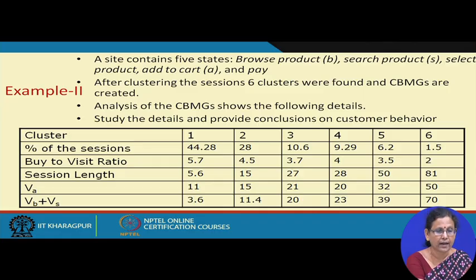So, if we can group and target these customers, we can provide facilities which will make them more interested, and finally they can possibly become aggressive buyers like this group on your site.